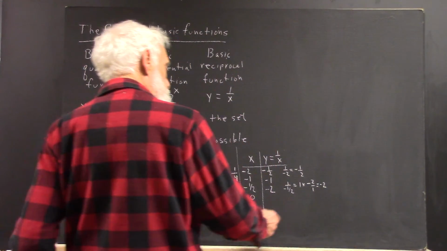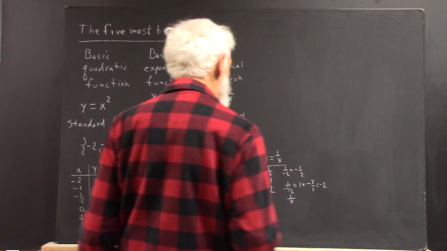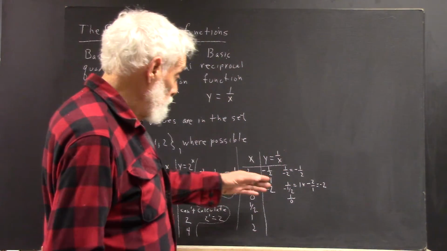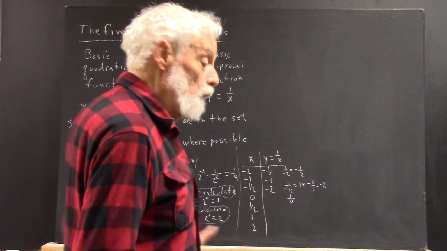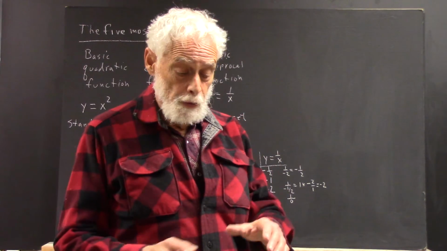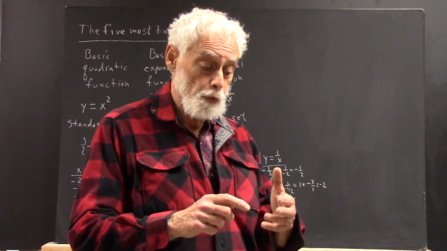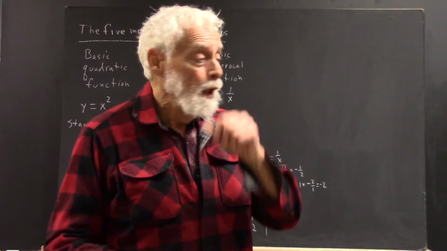Now what about 0? Well, for many reasons, 1 divided by 0 is undefined. 1 divided by 0.1 is 10, because you can go 0.1, 0.2, 0.3, 0.4, 0.5, 0.6, 0.7, 0.8, 0.9, 1.